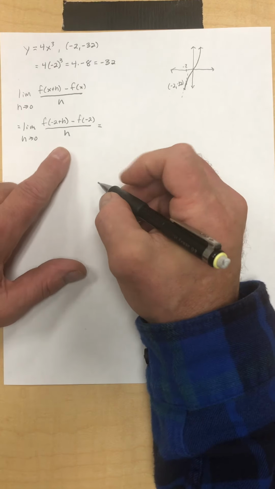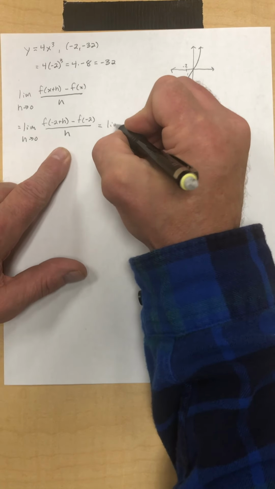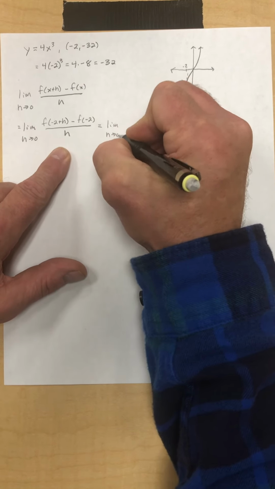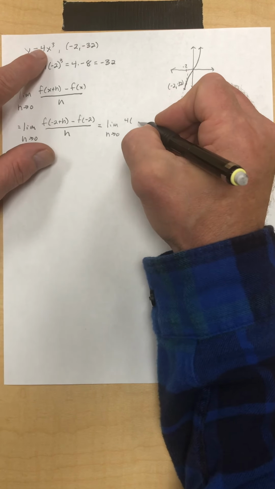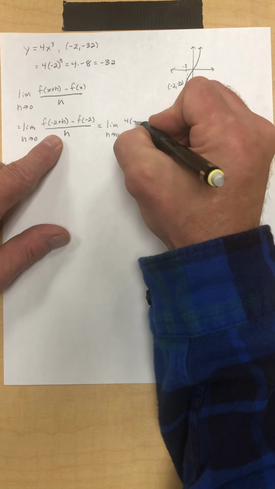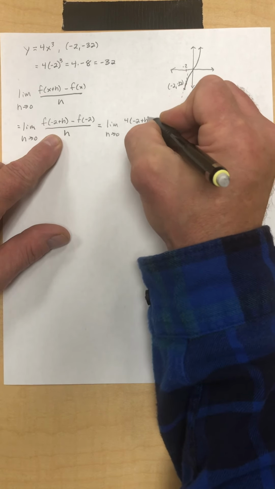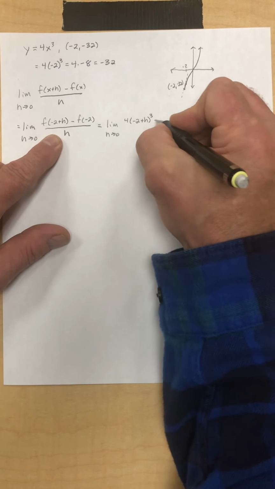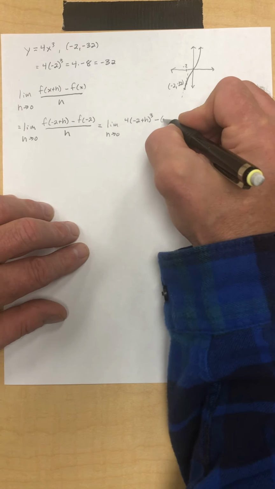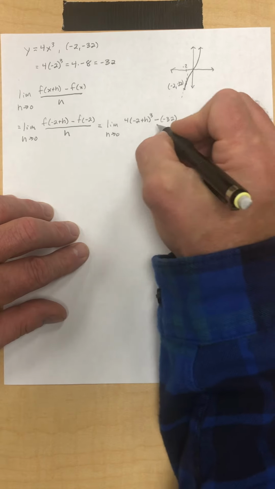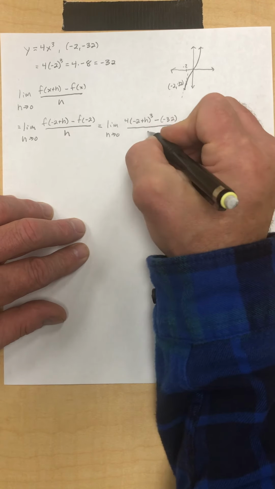Limit as h approaches 0. I'm going to have 4 times, going back to the original function, -2 plus h cubed minus f of -2, which we know is -32, all over h.